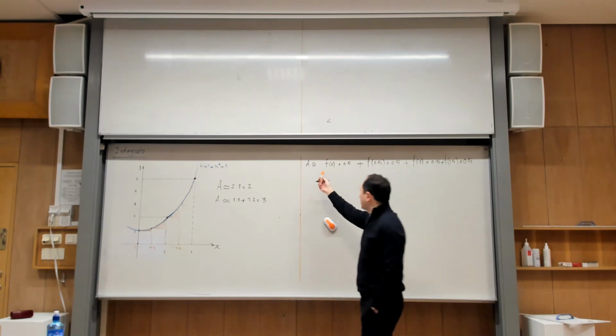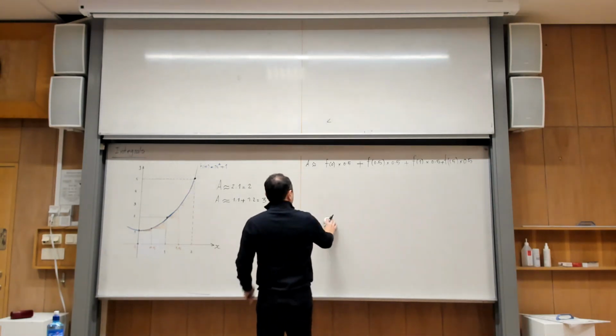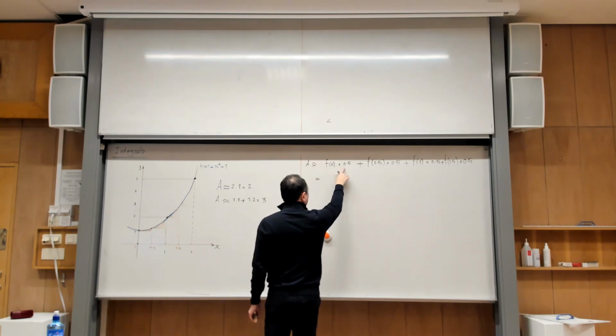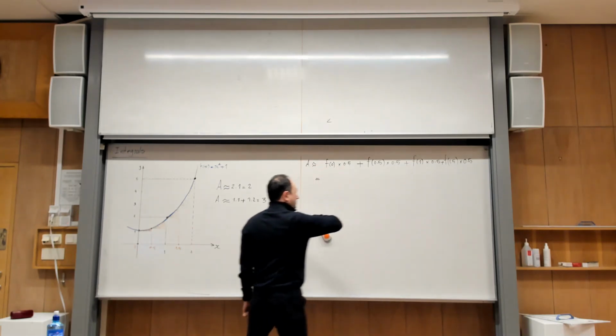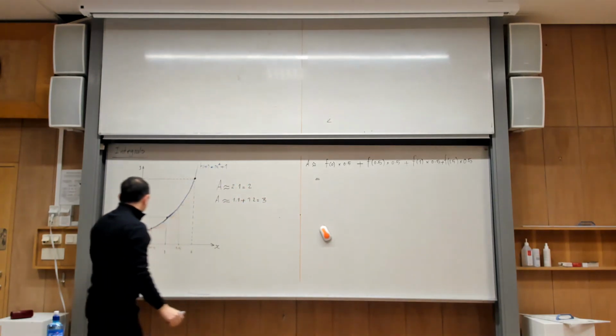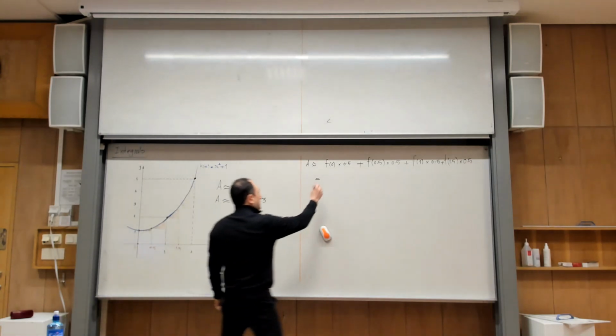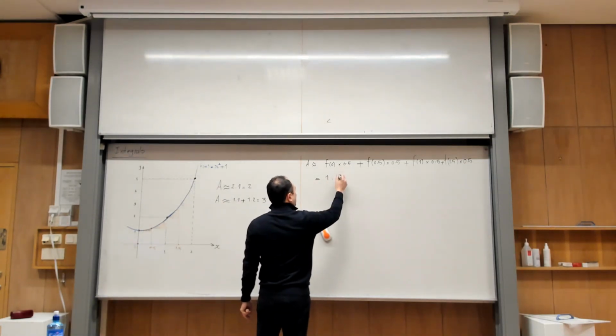Okay, let us try to calculate this a little bit. So now this one is equality. This one is approximately equal to this, but this one is exactly equal to the one that I'm supposed to calculate. So f of 0 is 1. You put 0 here, you get 1. Multiplied by, let me write it in fraction form, 1 over 2.